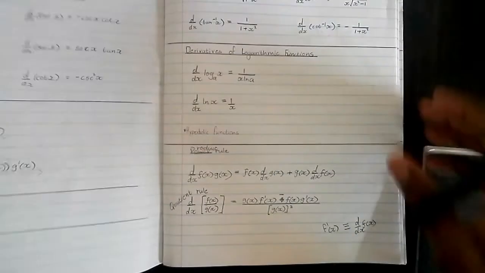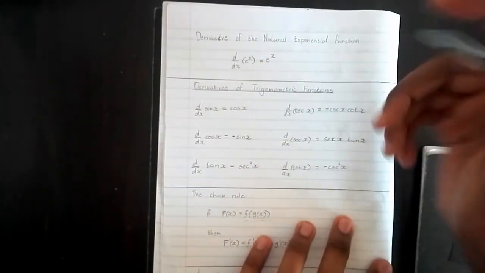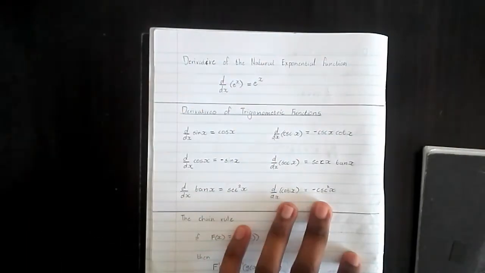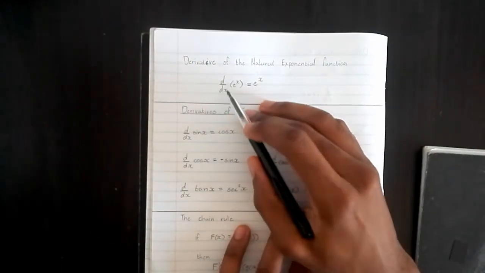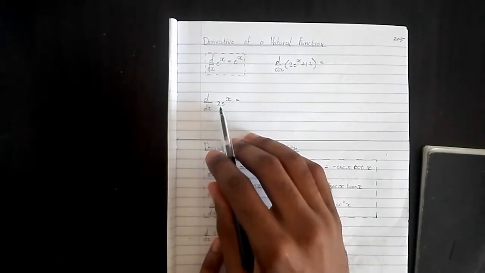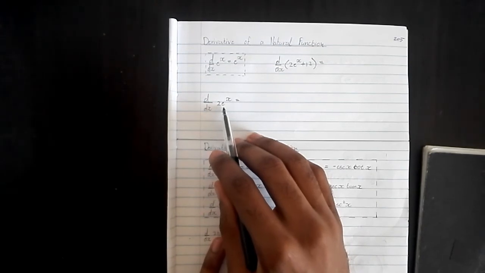Next rule we're gonna go through is the derivative of a natural exponential function. This one's very simple. Simply d/dx of e to the x equals e to the x. Let's get into an example. We have here told to find the derivative of 2e to the x.